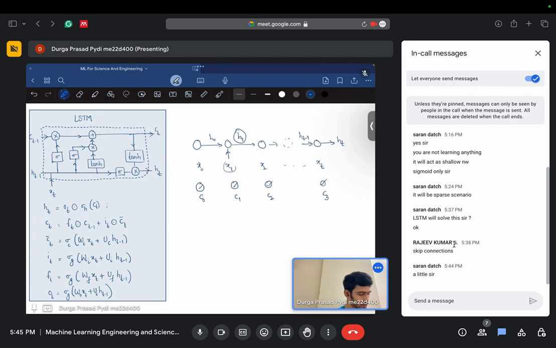So in addition to X1, if you see how the value of Ht is calculated, Ht now includes the output, and Ot is again dependent on Xt, Ht minus 1 and Ct. So now we have 3 inputs. In order to decide H1, I am using X1, H0 and C1. This C1 is only dependent on C0. All of these weights are connected.